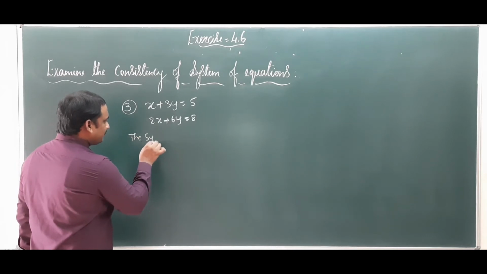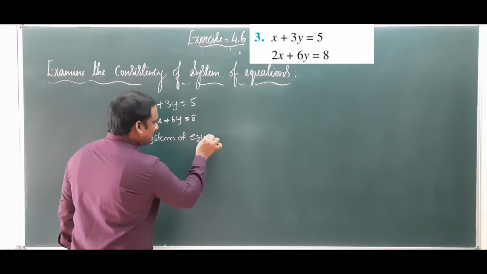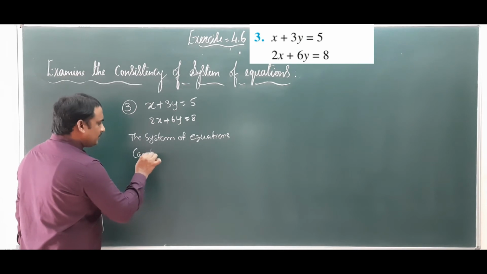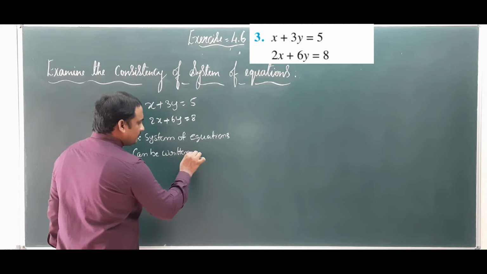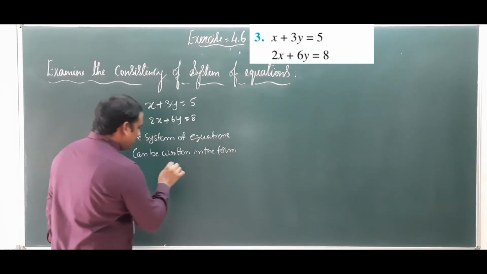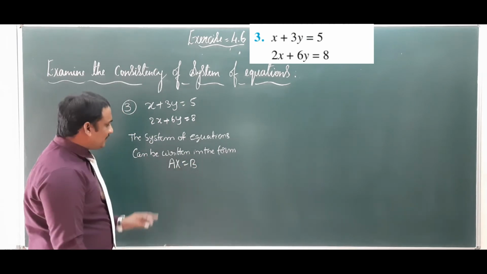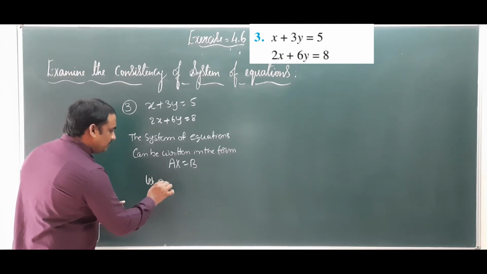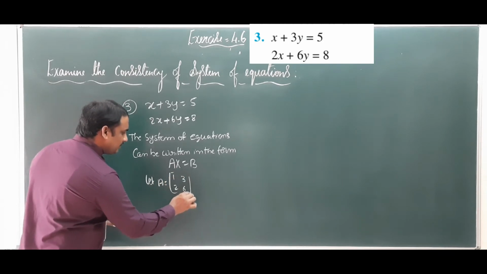The system of equations can be written in the form AX equal to B. Here let A equal to, what is the A matrix here? 1, 3, 2, 6.